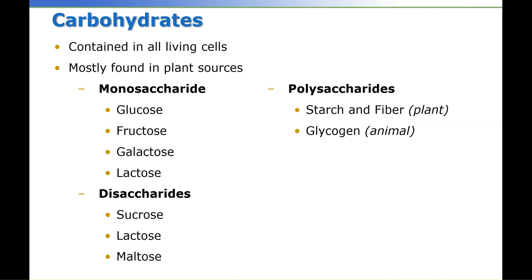And with glucose, the chemical formula is C6H12O6, which means you have 6 carbon atoms, 12 hydrogen, and 6 oxygen. This glucose basically forms when energy from sunlight interacts with water, carbon dioxide, and chlorophyll.